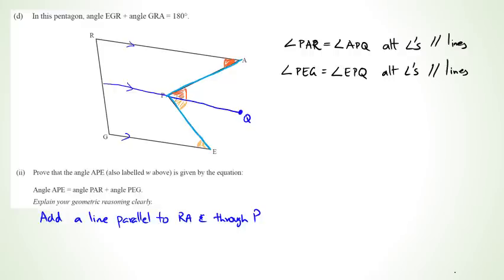And now I can actually see that this orange is going to be angle PAR, and then the yellow part is going to be angle PEG. And so with that, I can say, therefore, angle APE equals angle PAR plus angle PEG.